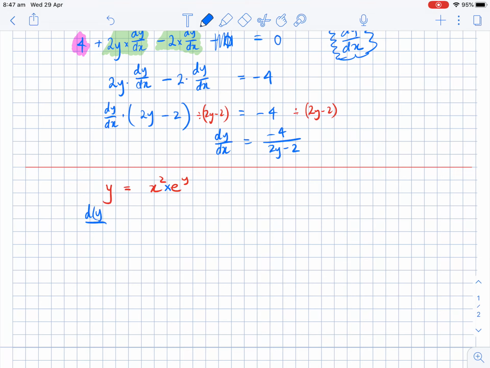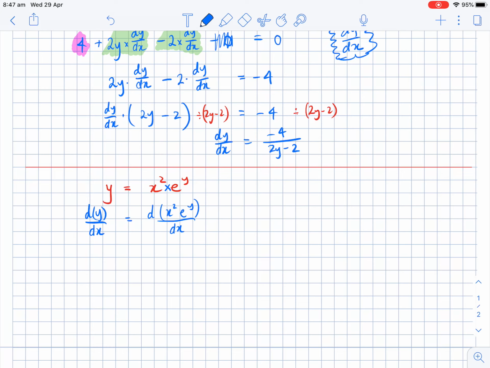We need to differentiate y with respect to x. Now don't confuse that with dy/dx, because it's not the derivative, it's not the rate of change yet, it is the variable y differentiated with respect to x. So putting in the brackets might help you. And then I need to differentiate x squared e to the y with respect to x.